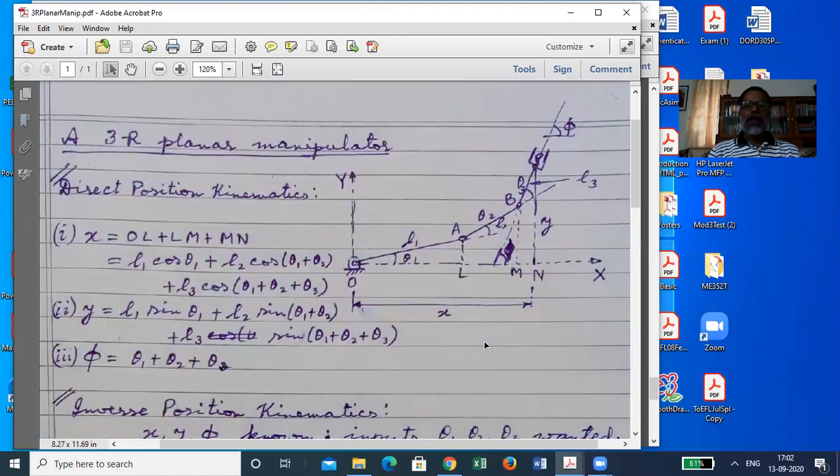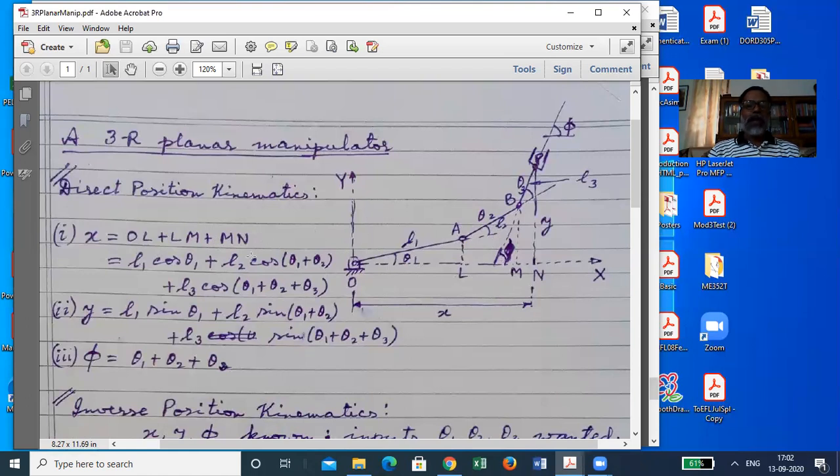So get all three projections, cosine. So OL is L1 into cos theta1, LM is this AB into cos. Now here the angle will be theta2 plus theta1, that is the projection along the x-axis.